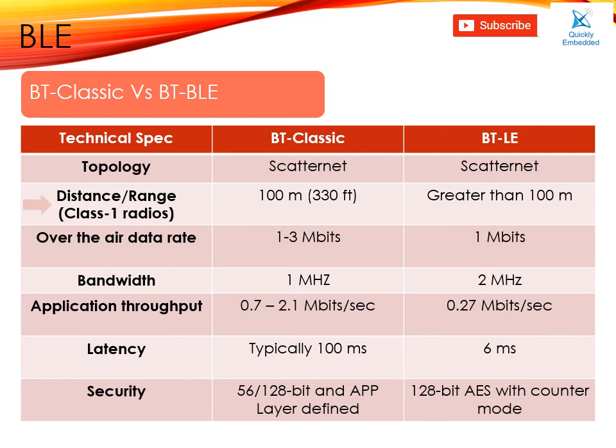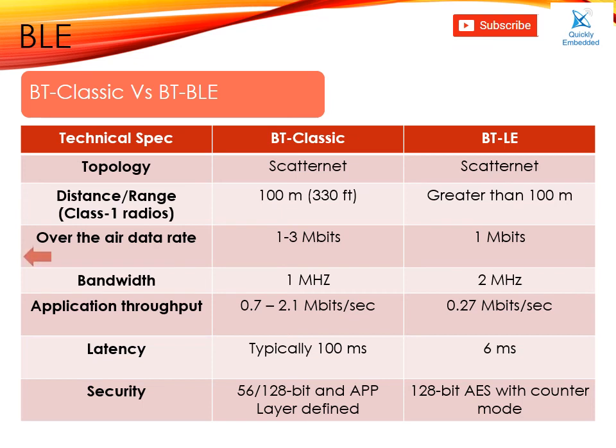For this, you need to use a mesh network to connect the gateway and local Bluetooth devices. BT Classic had a typical range of 100 meters, around 330 feet, but BTLE can go beyond 100 meters.